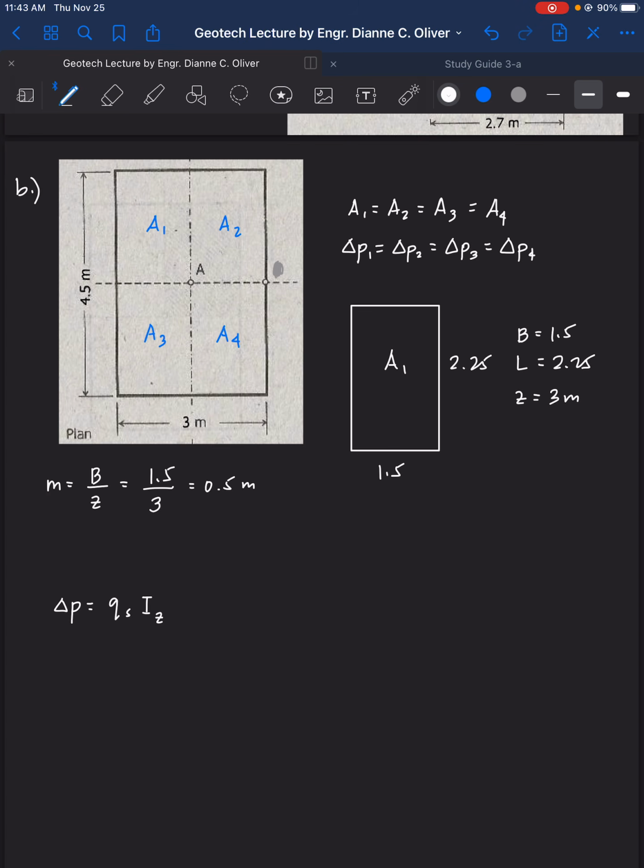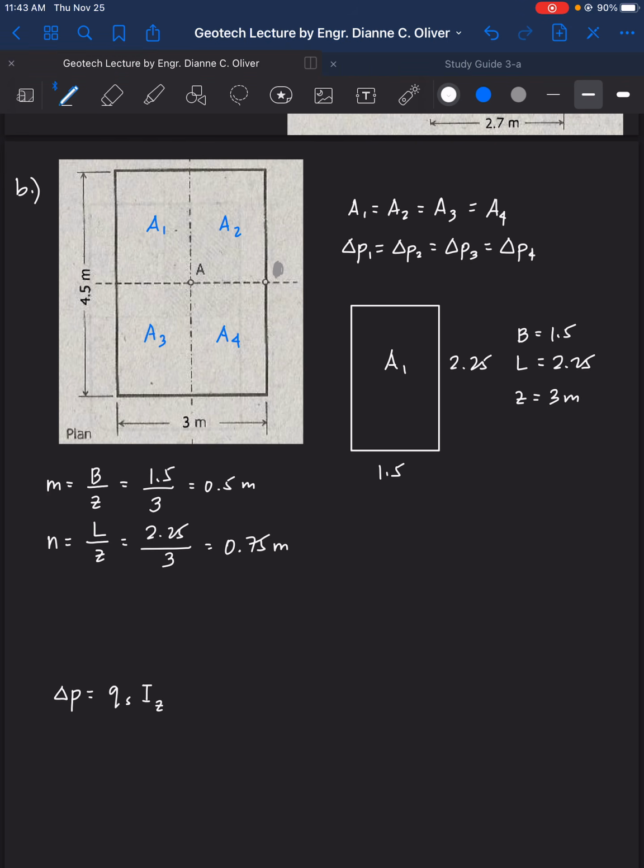N is equal to L over Z, equals 2.25 divided by 3, and that is 0.75. Okay, so let's go to the table here.